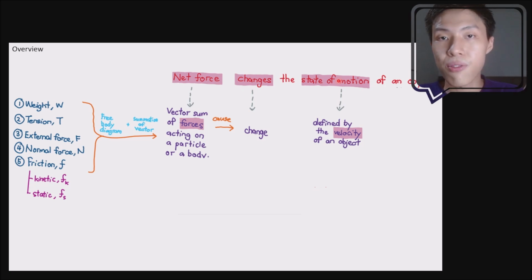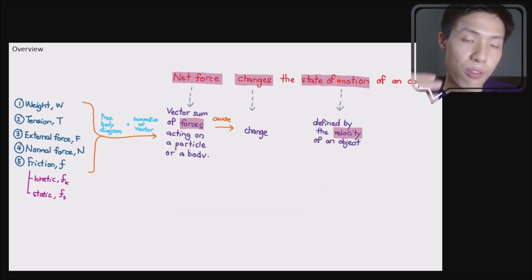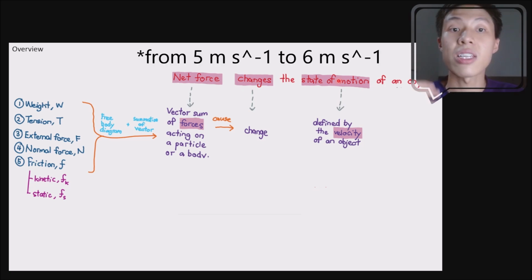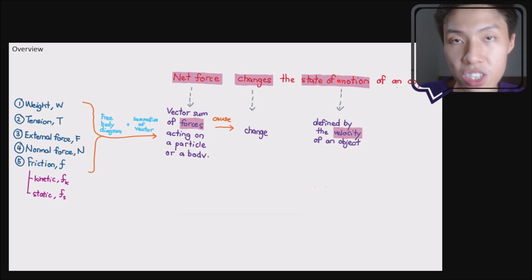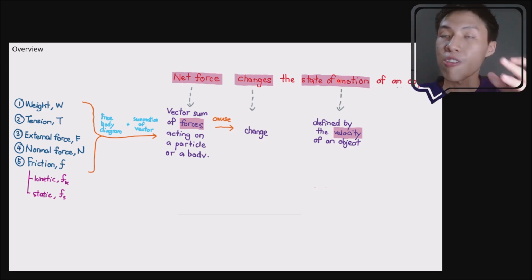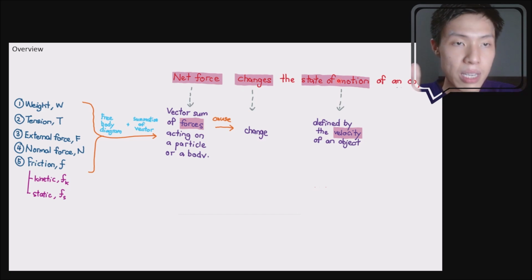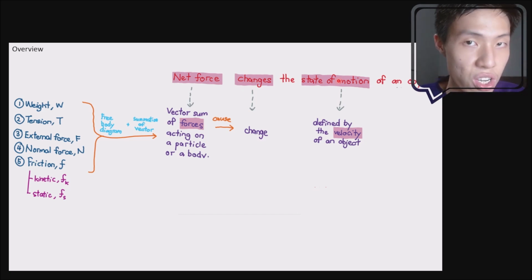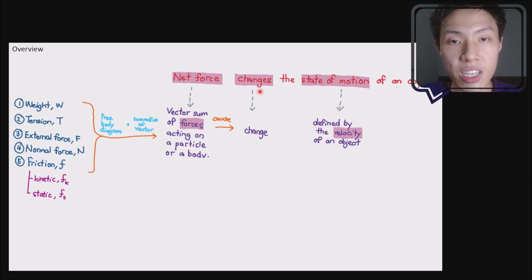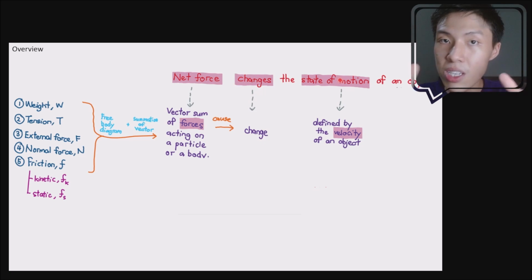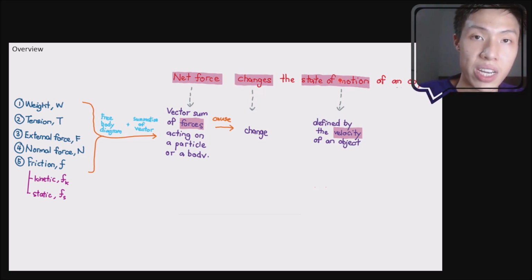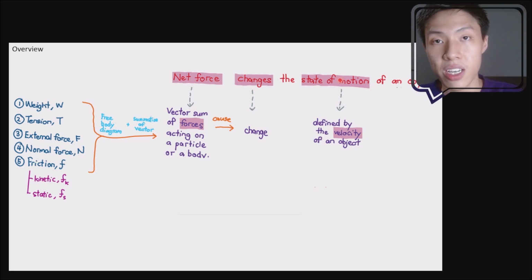If today it changed from 5 meters to 6 meters per second, then you say the state of motion changes. If the 5 meters per second to the right remains the same for 1 hour, then you can say the state of motion does not change. So if you want to say state of motion changes, it means before that it is 5 meters per second to the right, then later it's 6 meters per second to the right, or 5 meters per second to the left, or 0 meters per second.